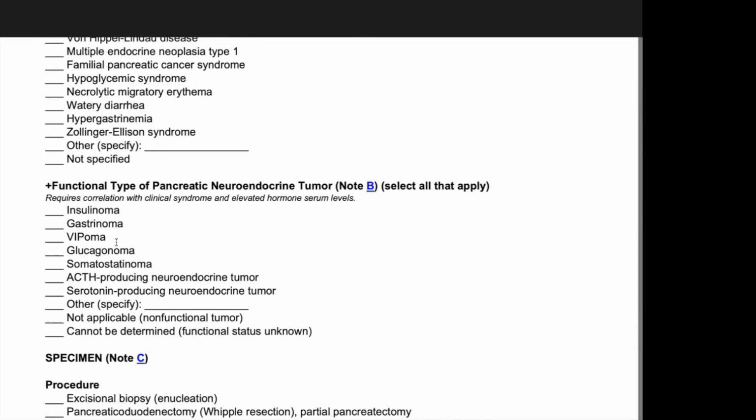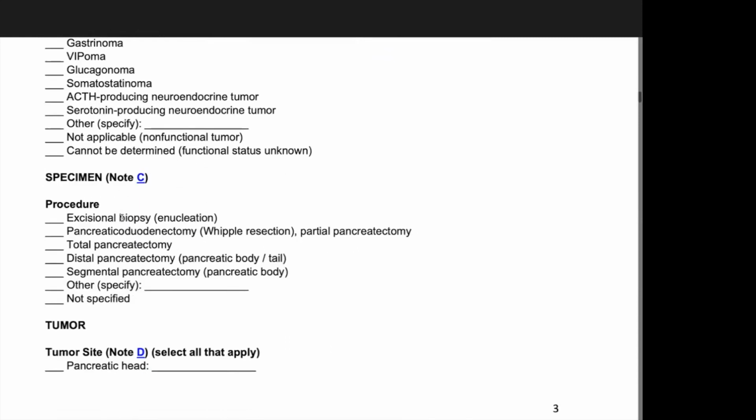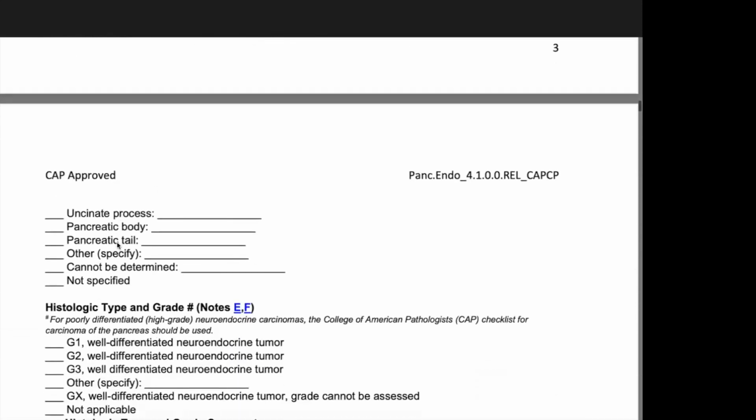So whether there's excess insulin secreted, and then they can draw your blood and determine that there's excess insulin being secreted. The patient usually becomes symptomatic and they draw blood, and then they correlate with imaging and determine it's a functional type of tumor. Then we talk about procedures, so whether it's a biopsy, a Whipple's, and so on, and the location of the tumor. So we talked about that as well.